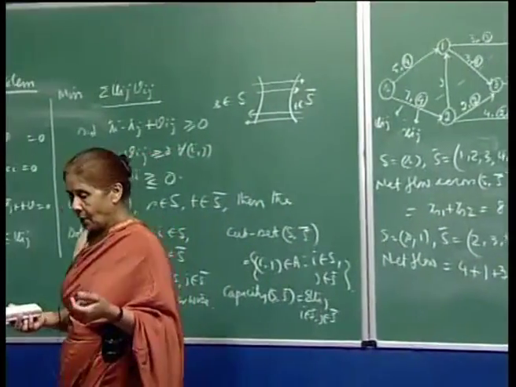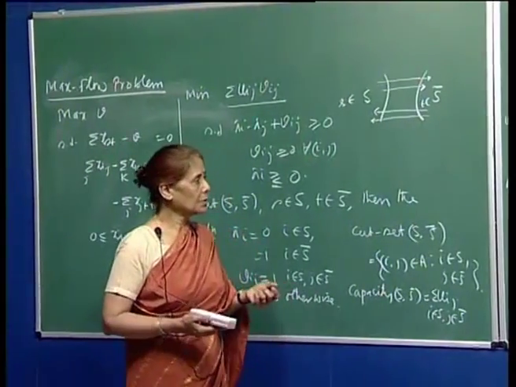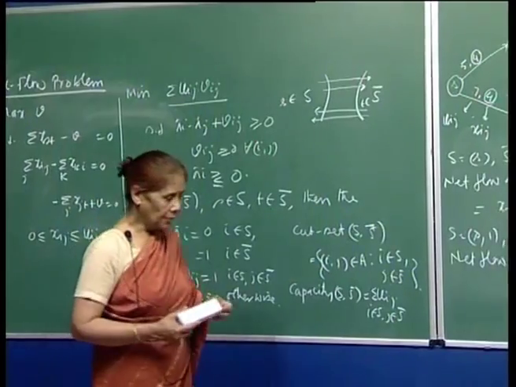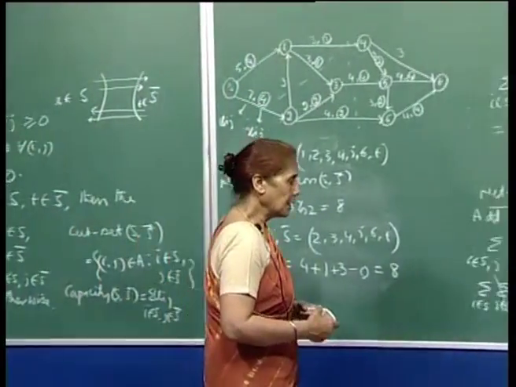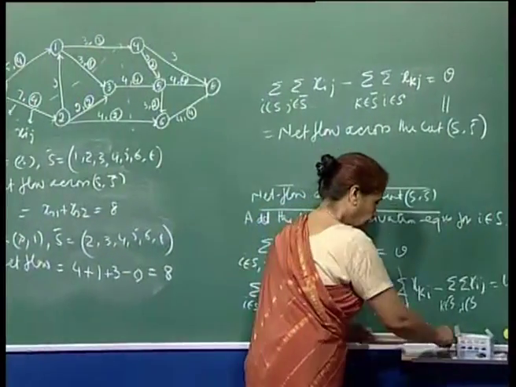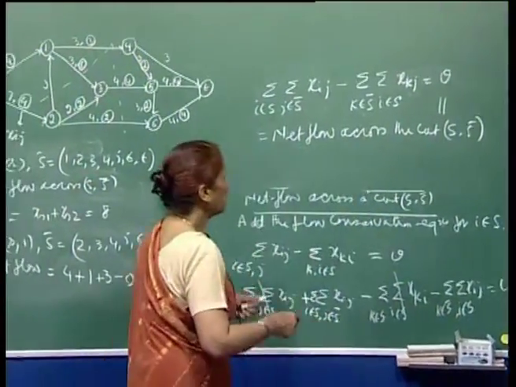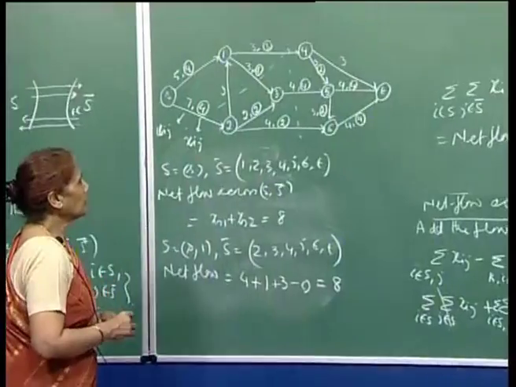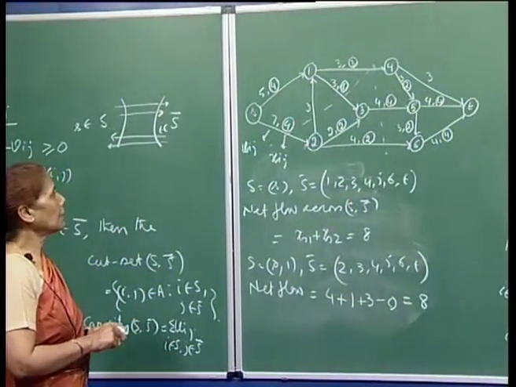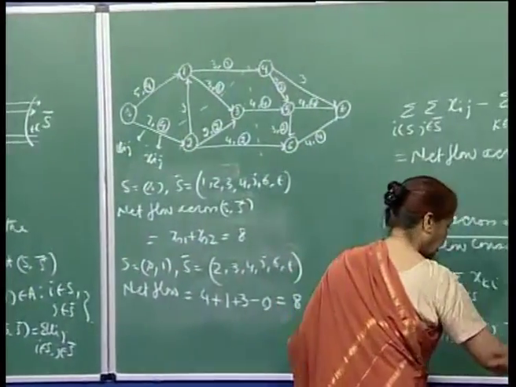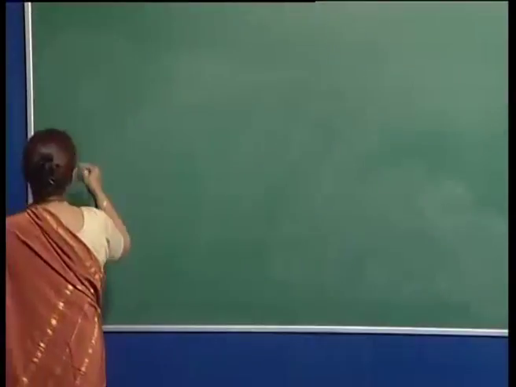I showed you that a primal dual algorithm will actually reduce to finding an augmenting path from S to T and then trying to augment the flow. So this is what we are going to now formalize after I prove the theorem: the algorithm of building up the max flow by finding augmenting paths at each iteration. So let's work out those details. Okay, max flow min cut theorem.